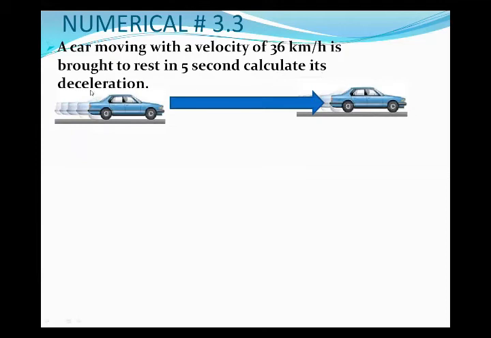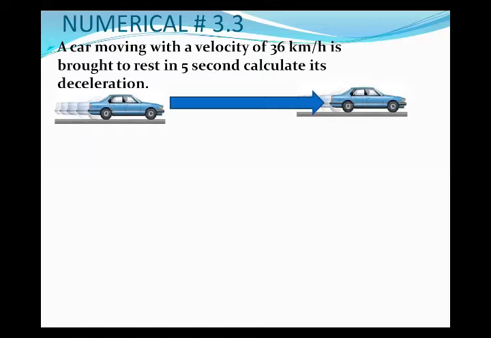Calculate its deceleration. Here we have to identify what is given and what is required. I told you in the previous class, given means what is present in the question and required means what we have to calculate.